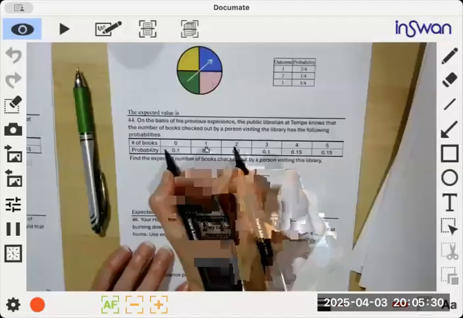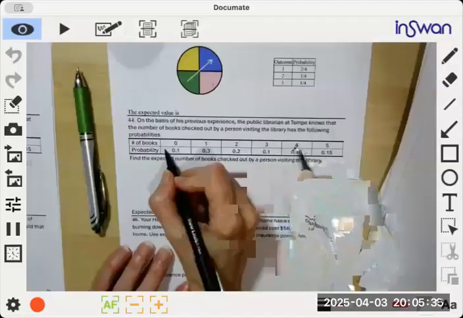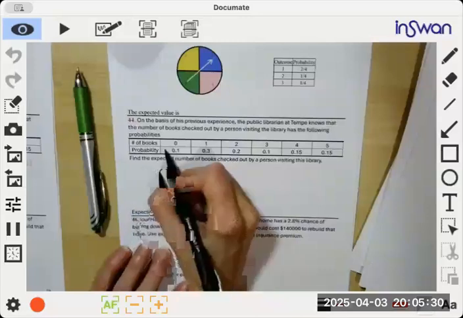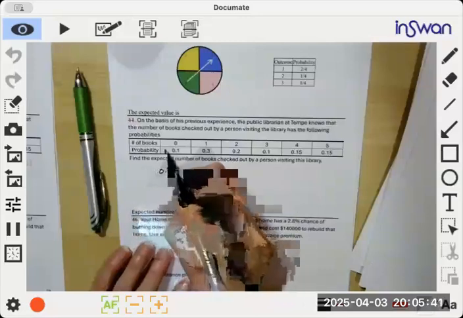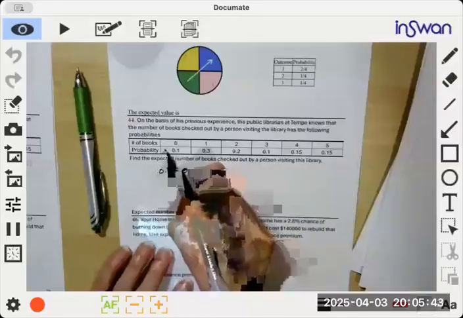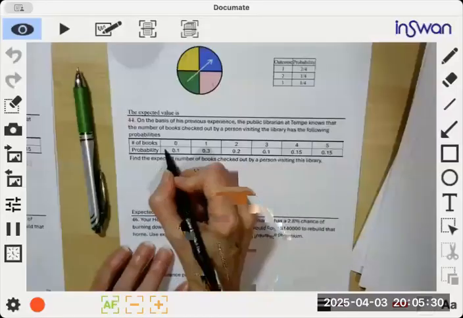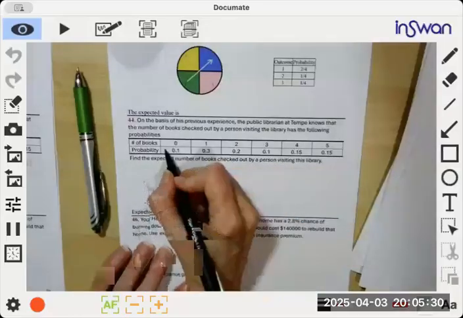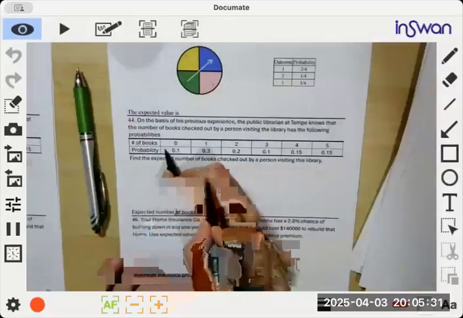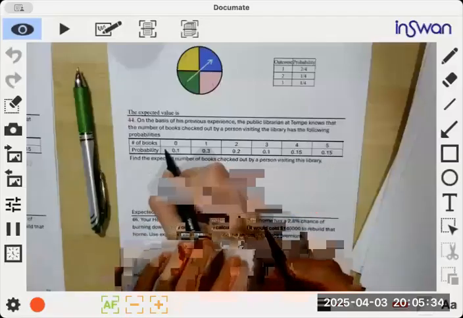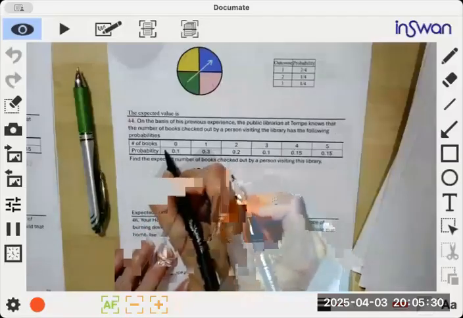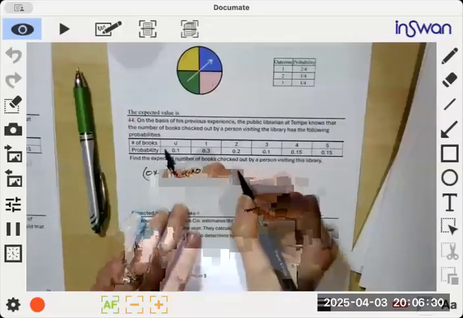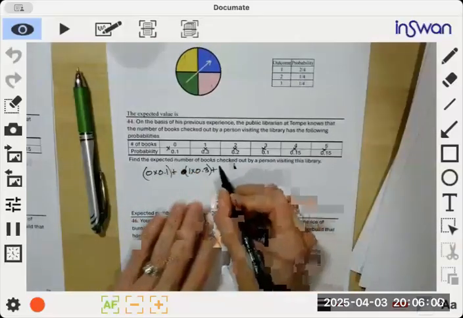Okay, I got you. So we multiplied in parentheses the 0 multiplied by the 0.1, plus 1 times 0.3. Order of operations, it's just going to do the multiplication first, and then it'll do the adding. I'm pretty sure the Desmos calculator does that, but if you want to be safe, you can put the parentheses around it, but it should be okay without the parentheses in the Desmos.